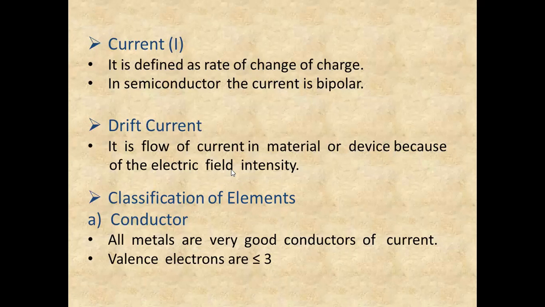Okay, now next is classification of elements. You have three kinds of elements: conductor, insulator and semiconductor. First is conductor. All metals are very good conductors of current. Valence electrons are less than or equal to 3.